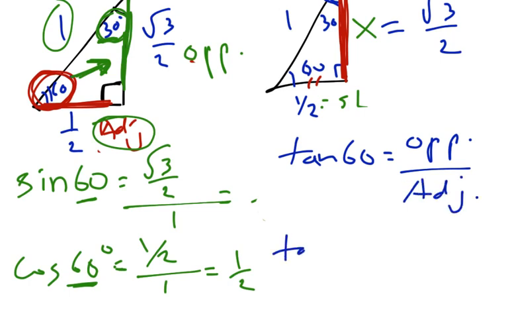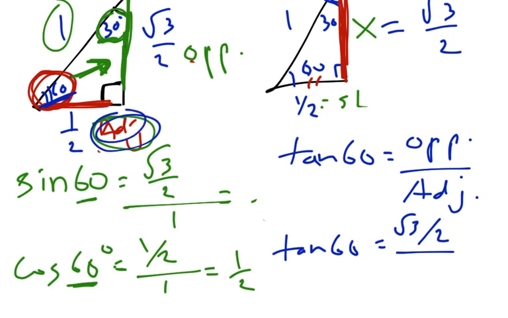So tangent of 60: opposite is square root of 3 over 2, over adjacent, which is 1/2. Square root of 3 over 2 divided by 1/2, those two cancel, and your answer is square root of 3 only.